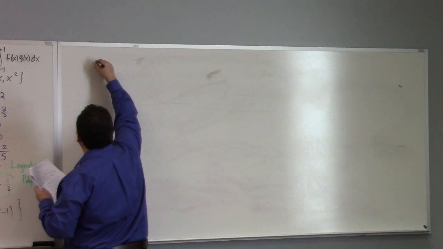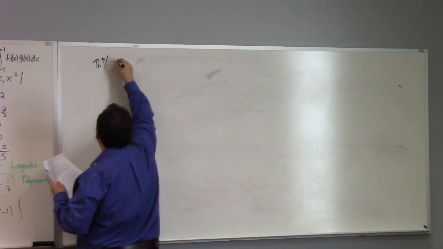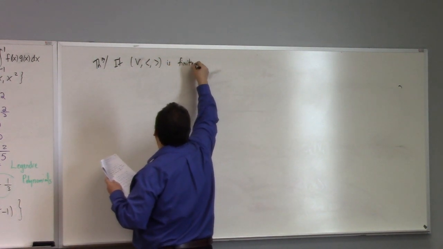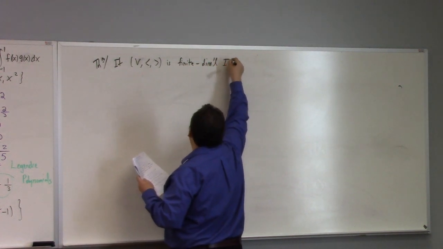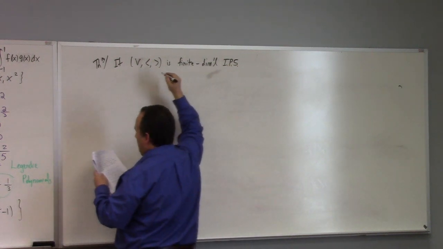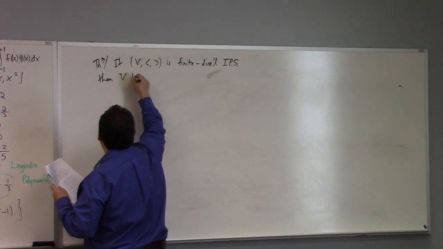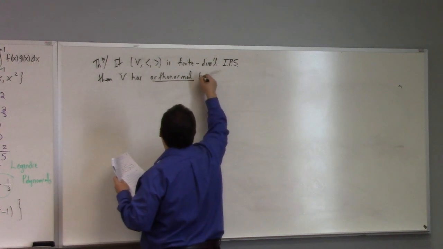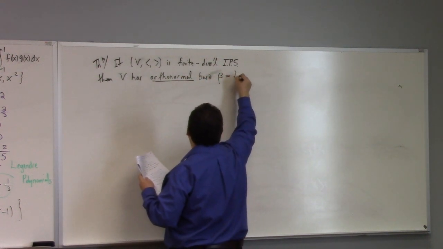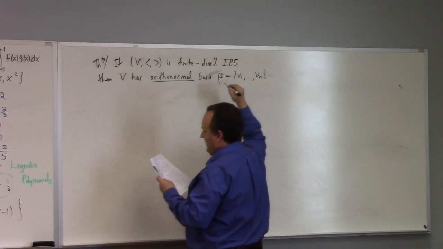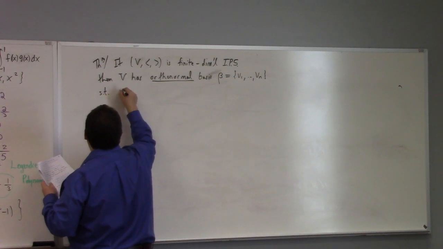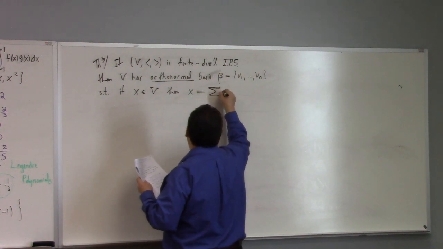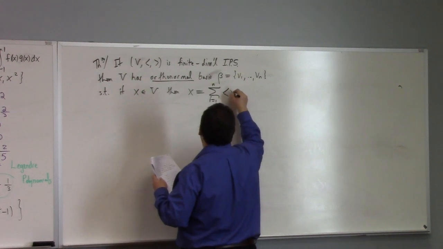Theorem: if V is a finite dimensional inner product space, then V has an orthonormal basis beta, let's say V1 through Vn, such that if x is an element of V, then x is equal to the sum, i equals 1 to n, of the inner product of x with Vi, times Vi.